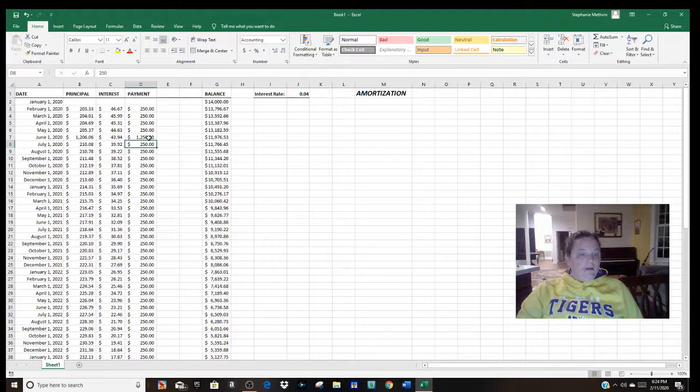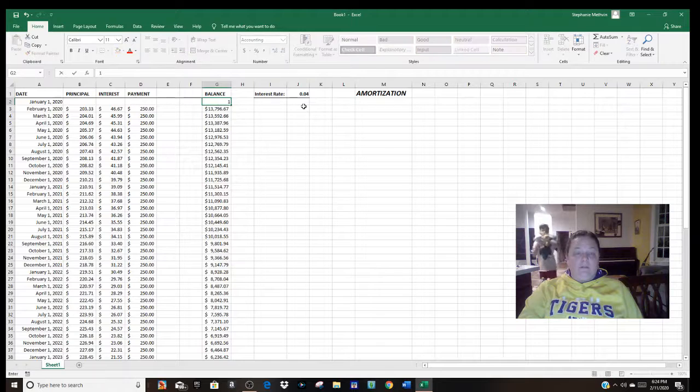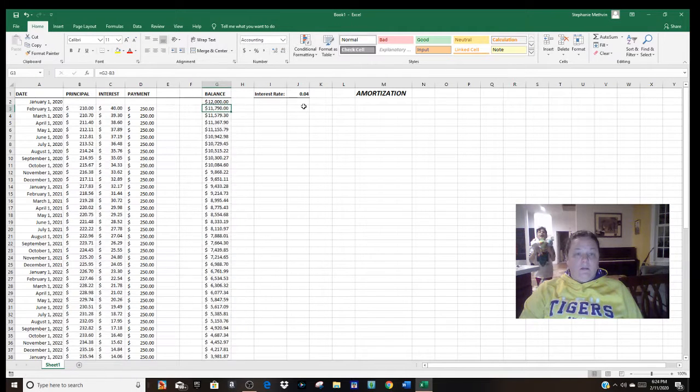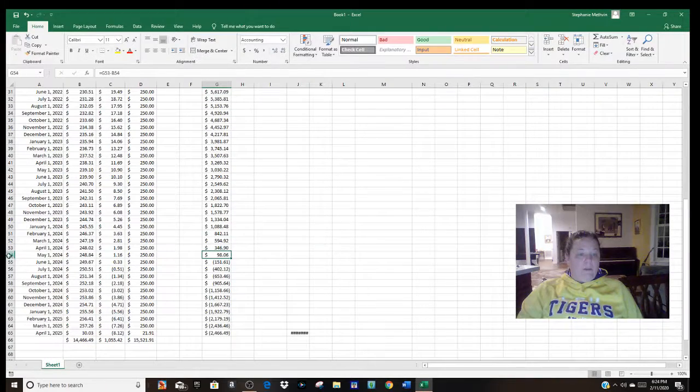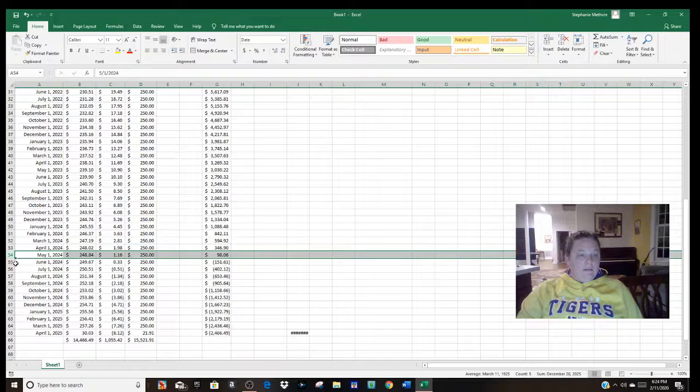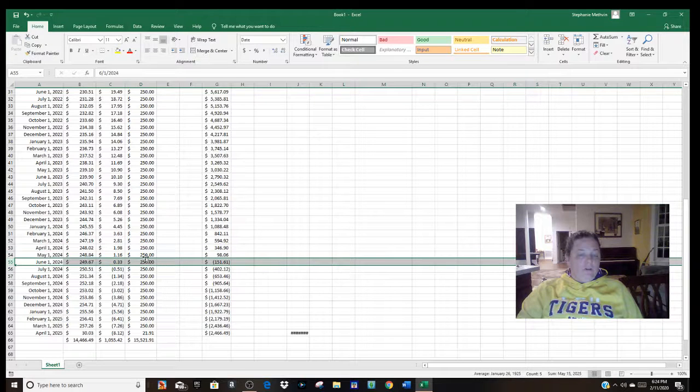Or if you had a down payment, put this back to $250. If you had a down payment of $2,000, so all you have to borrow is $12,000, you can change that right here and see what will happen, and you'll be paid off here, or I guess here in June. You'd have to change this last payment to reflect this.